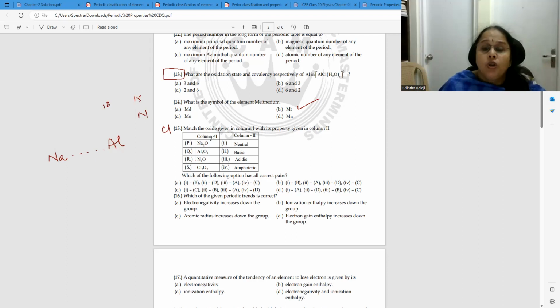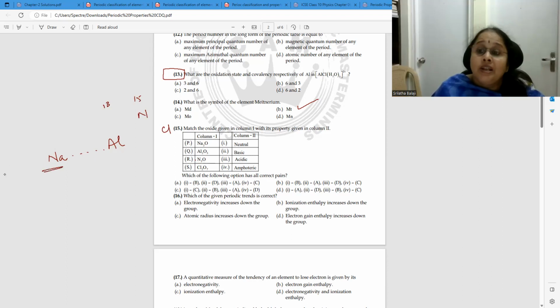So, sodium oxide. Sodium is where? Extremely to the left. Is it metallic? So what will be the nature of sodium oxide? If you have studied acids and bases also, you would have known this. Periodic table need not be the only way, but the concept of acids and bases will also help you.